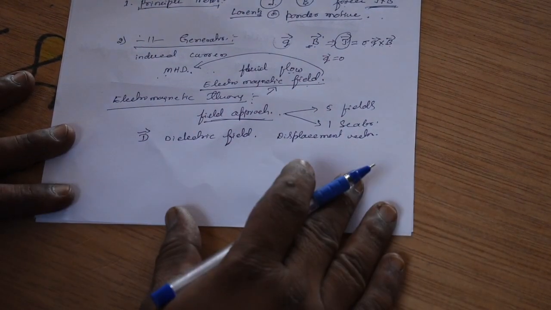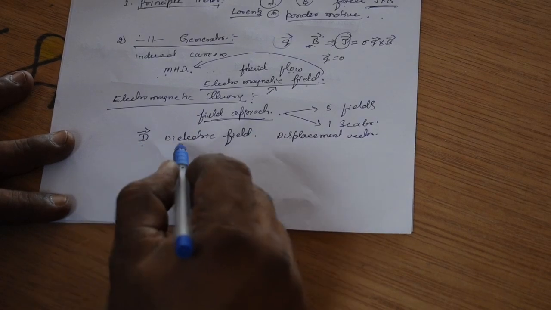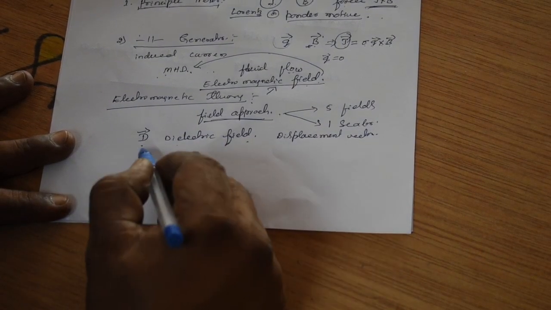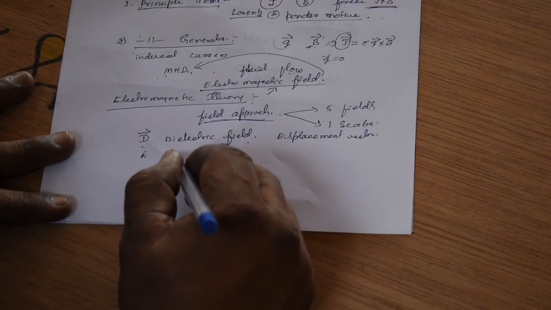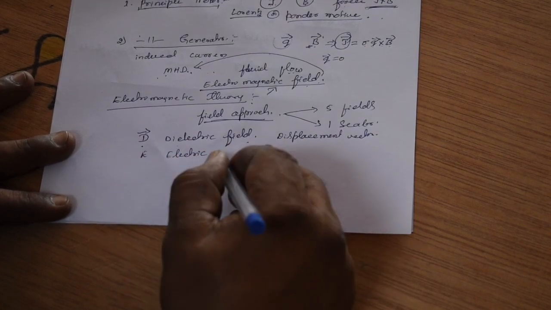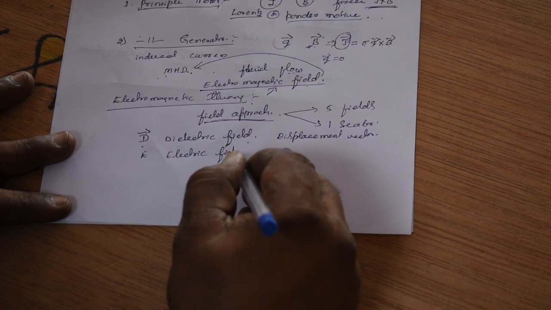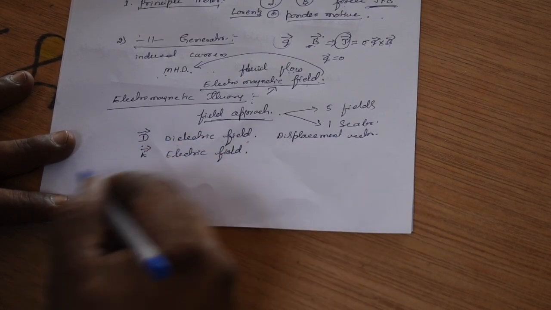This is a vector quantity D. Another one is E. This is known as the electric field, and this is also a vector.